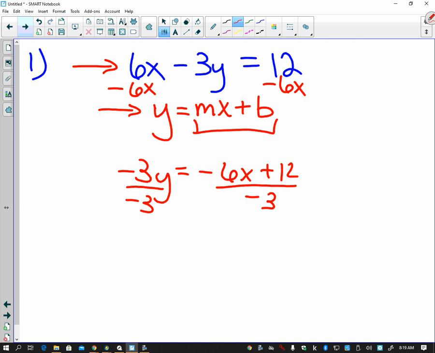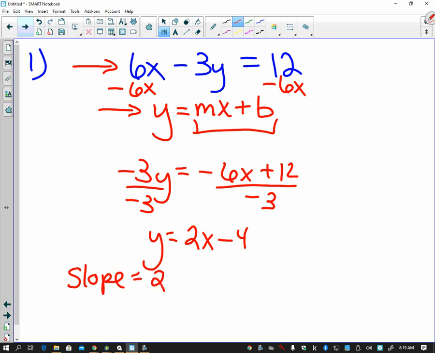You need to know that you're also going to divide everything by negative 3, which is going to leave you with y equals what? Negative 6 divided by negative 3? 2x, right? All right, 12 divided by negative 3? Negative 4, right? Now, what is the slope?